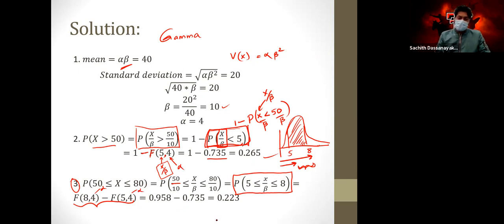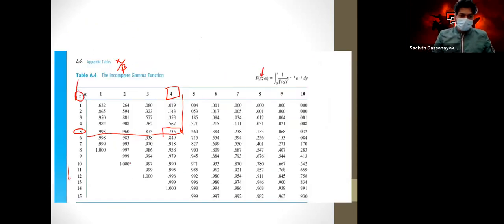Go to the table and find this. I'll show you how to find this one. X over beta is 8, and the other one is 4, the column number 4. So this is the value, 0.958.